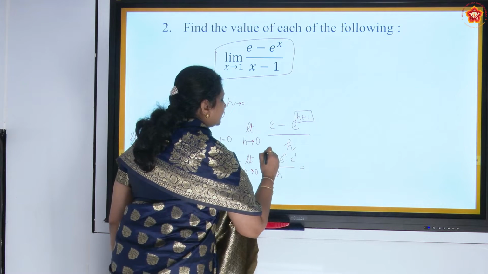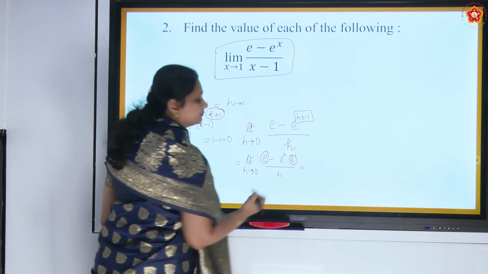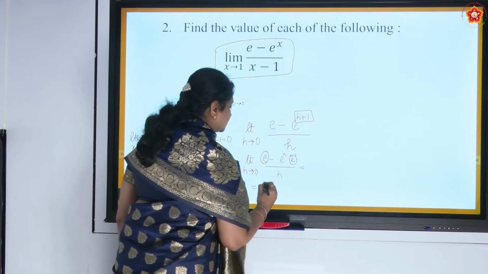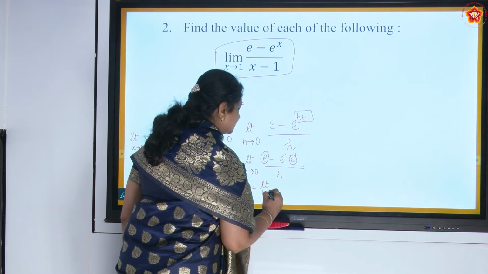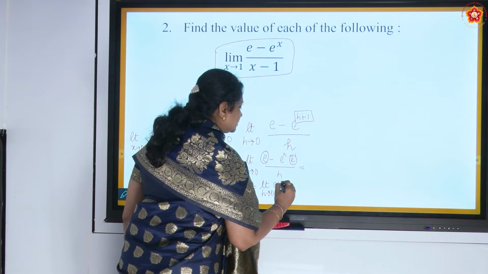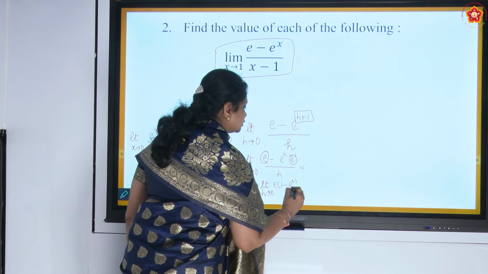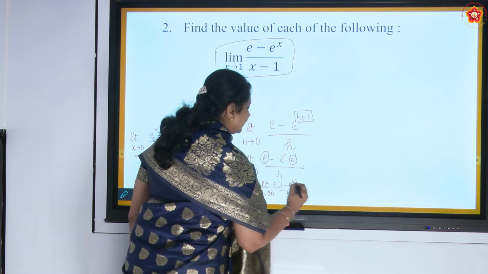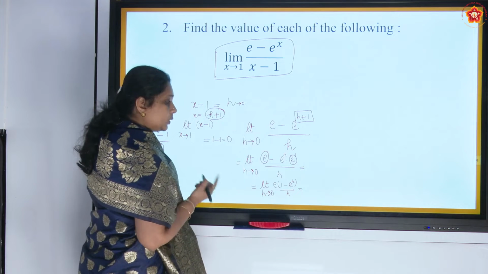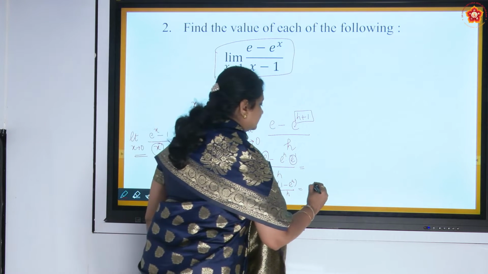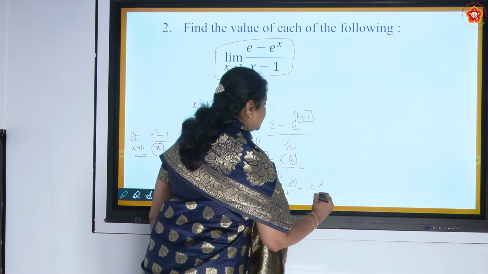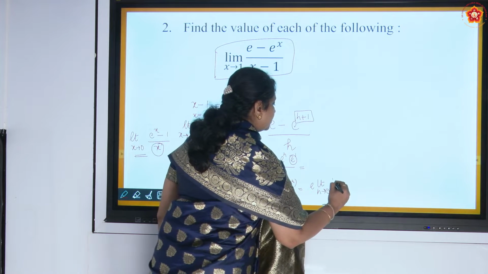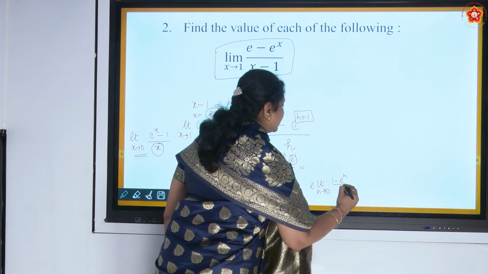If you observe, e is common out here. Let's take that out. So you have limit h tending to 0, e into 1 minus e power h by h. So e is a constant and it's a coefficient. You can bring it outside the limit. So e limit h tending to 0, 1 minus e power h by h.